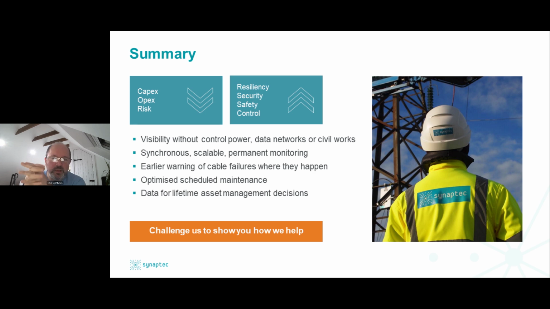Particularly if it's subsea or in a really difficult, inaccessible place, we'd like to give days or even a week's worth of data so that you've got the time to organize that intervention and you know why you're going out there and what you're looking for.